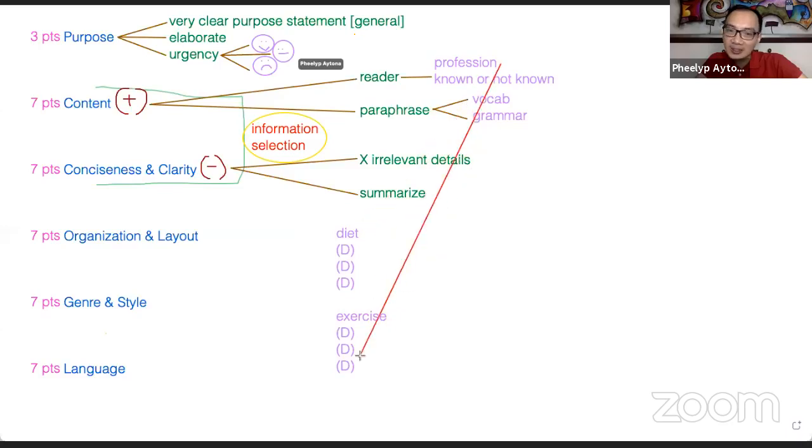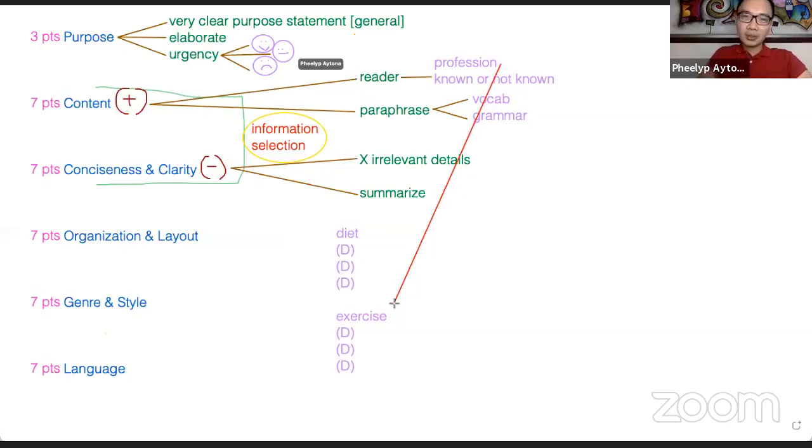Si exercise ang isa-summarize natin. Sino yung i-detalye natin? Si diet. If we're talking to a physiotherapist, sino isa-summarize natin? Diet. And the one that we detail, exercise. You get the point.